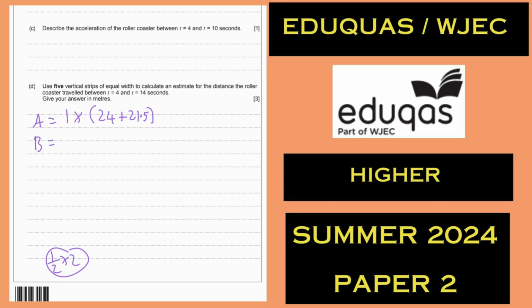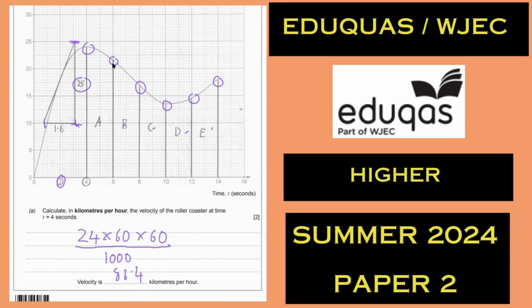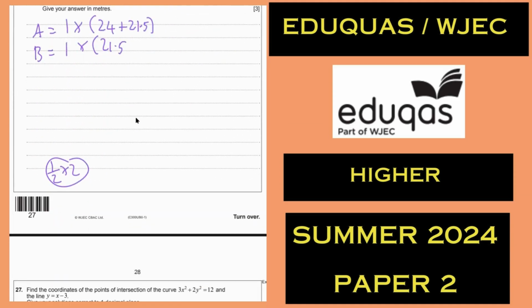So B will also be 1, in other words a half times 2, and the 21.5. There'll always be duplication, don't forget, because each height in the middle will be utilised twice.